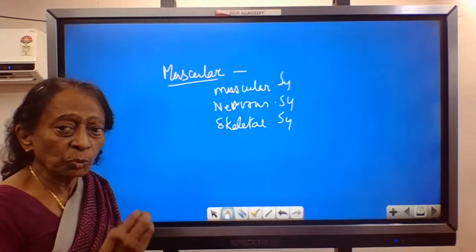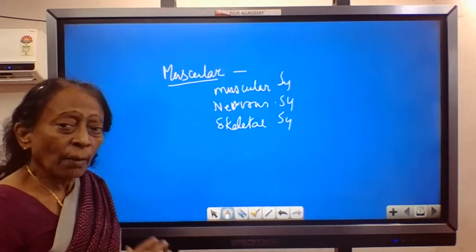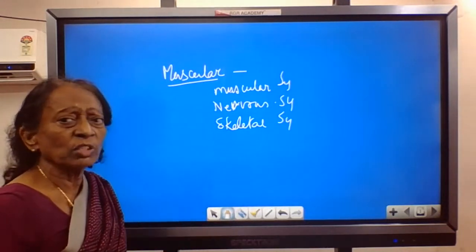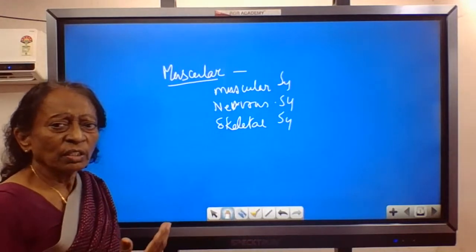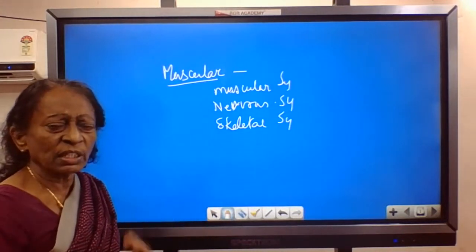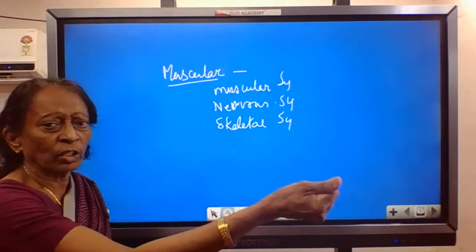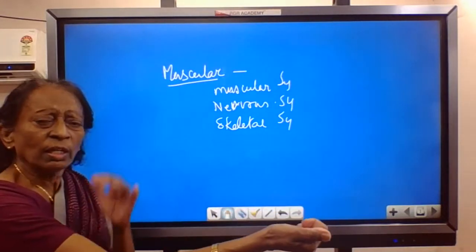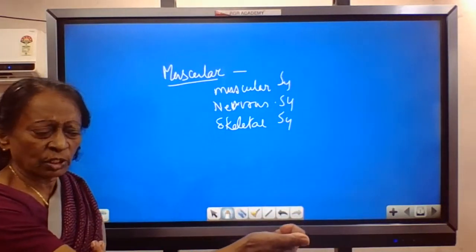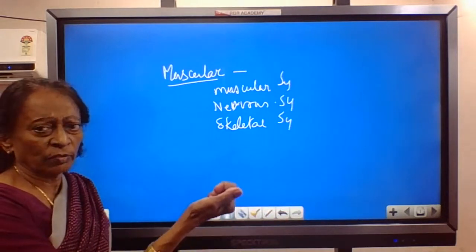But the locomotor movement is the one which shifts your body in any direction, whether it is a movement of curvature or the whole body moving. If I move my hand, the bones are involved, the nervous system is involved with the stimulus, and the muscles attached to the bones are involved.